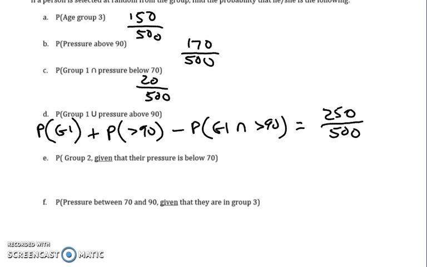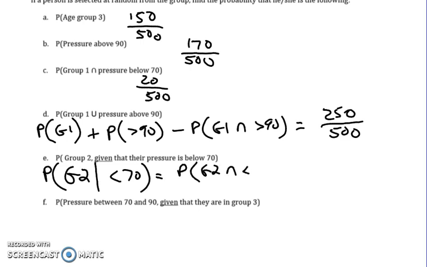So now E, we have a conditional probability. So we want the probability that they're in group 2, given that their pressure is less than 70. So the probability of being in group 2 and pressure is less than 70 over the probability that their pressure is less than 70.